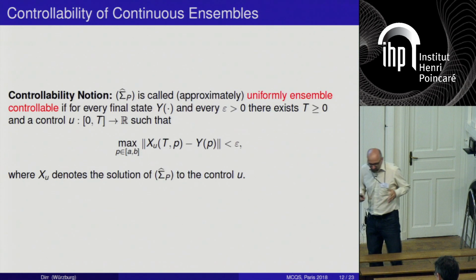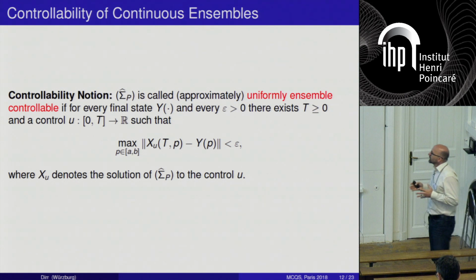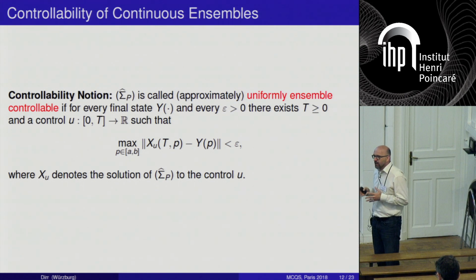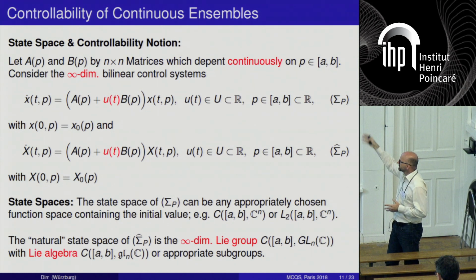Okay, and then once we have fixed the state space, we have more or less also fixed the controllability notion, because to end up here with the infinite dimensional Lie group, you have to choose a certain topology. It's given by a norm in this case.